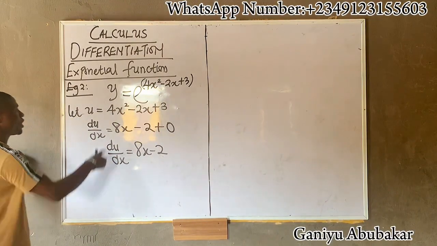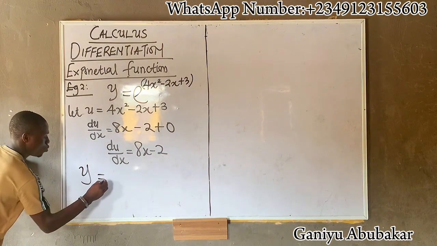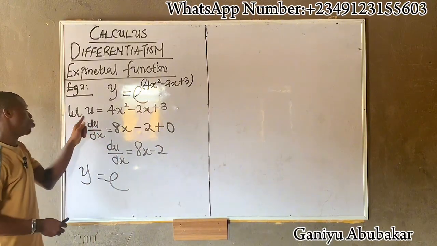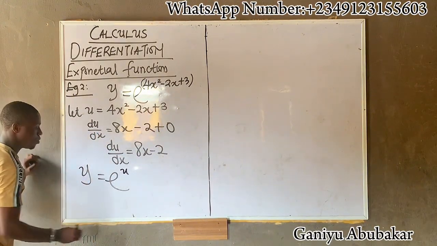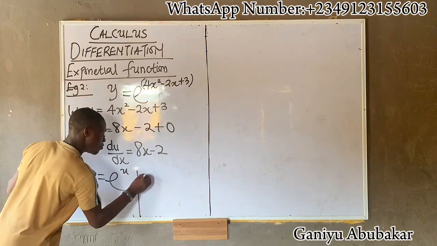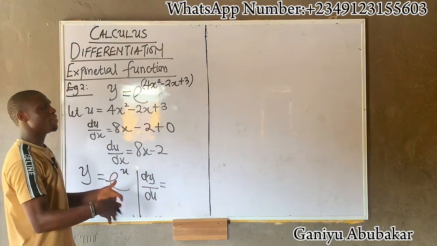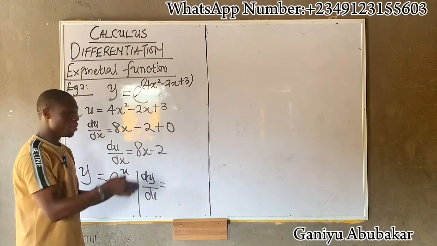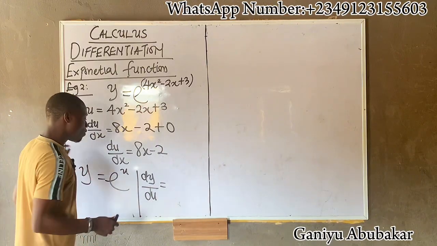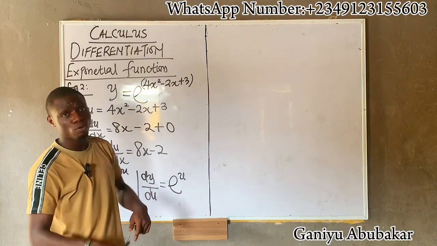Next task is to go back to your function y is equal to exponential. We just said everything here to be u, so I'll put u here. From here, differentiate y with respect to u, I'll have dy over du as what? We said if I differentiate exponential x, I'll have exponential x. Similarly, differentiate exponential u, I'll still have exponential u. At this junction, I'll use chain rule.